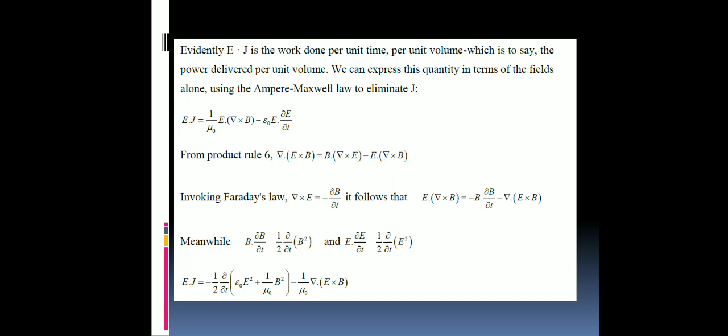E dot J is the work done per unit time per unit volume, which is the power delivered per unit volume.